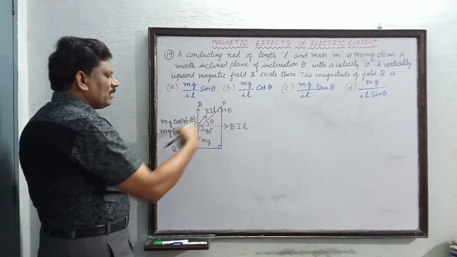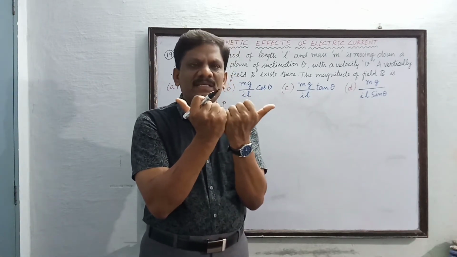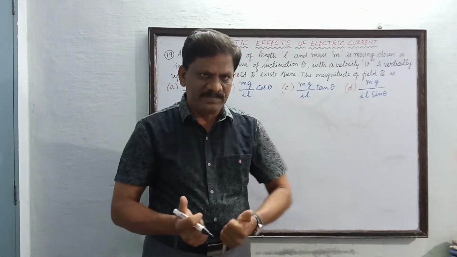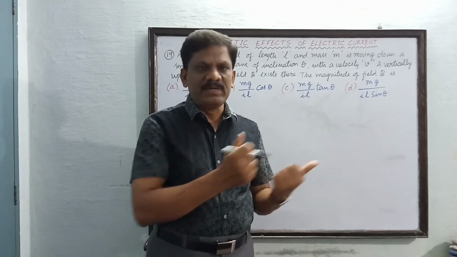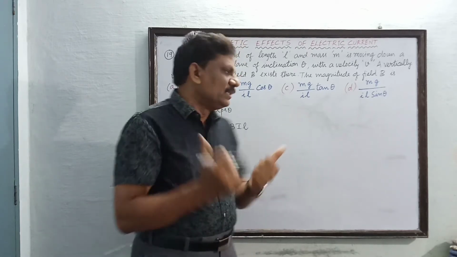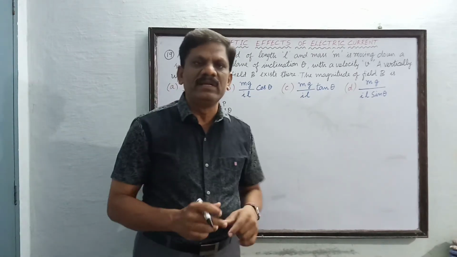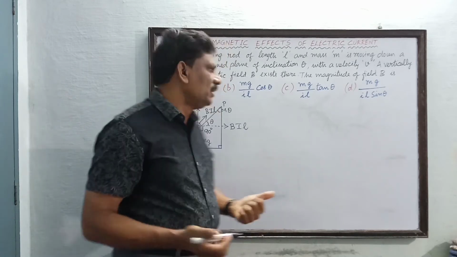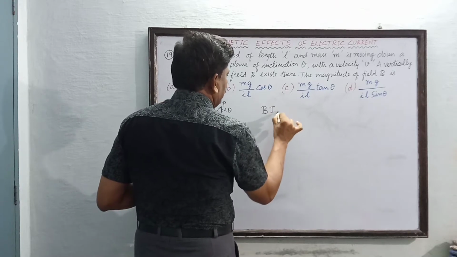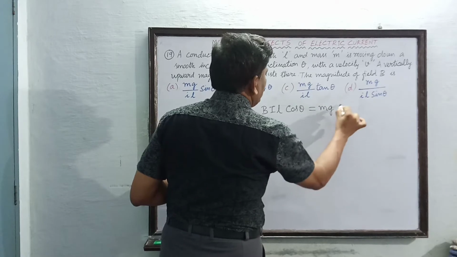So these two are the forces which are acting in the opposite directions, equal in magnitude, and hence the rod is coming down, sliding down with the constant velocity V. It means the force BIL cos theta and the force mg sin theta should be equal in magnitude, opposite in direction. Therefore, I am going to write now BIL cos theta is equal to mg sin theta.